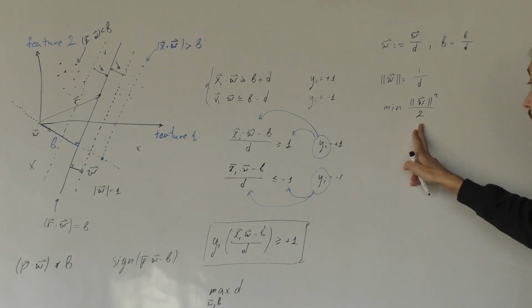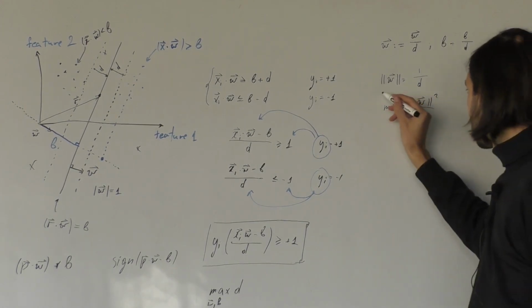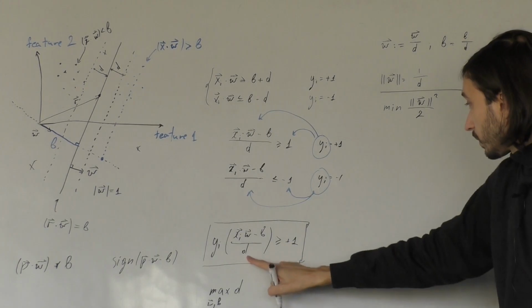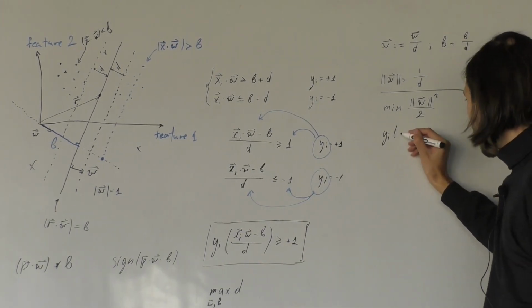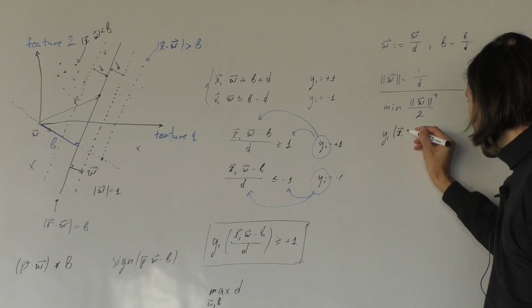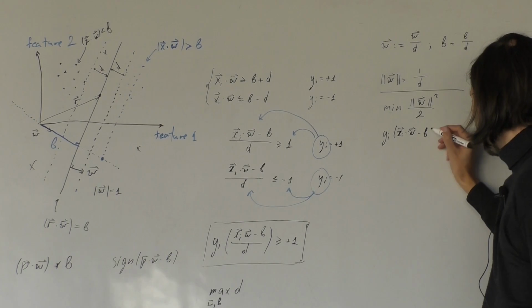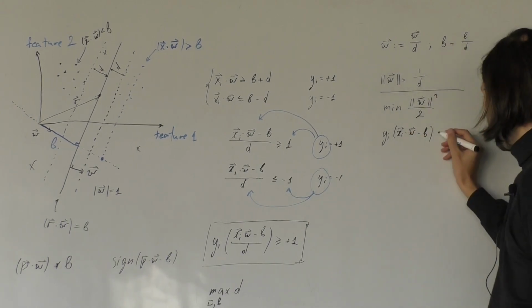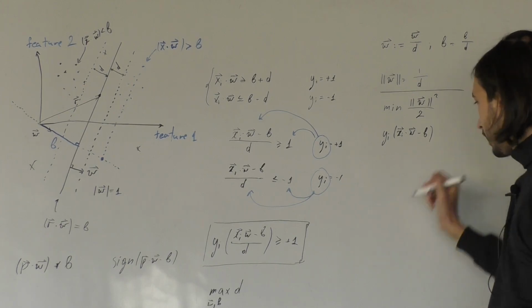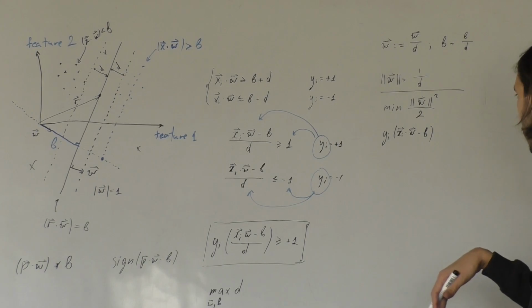And I want to minimize this thing with conditions like this one. I want my yi times (xi w minus b)... I should have conditions like less than or equal.